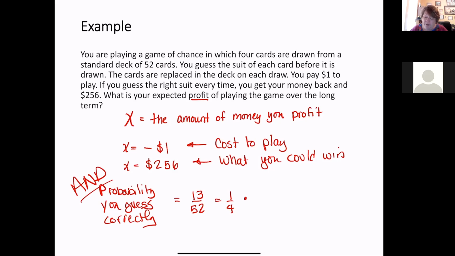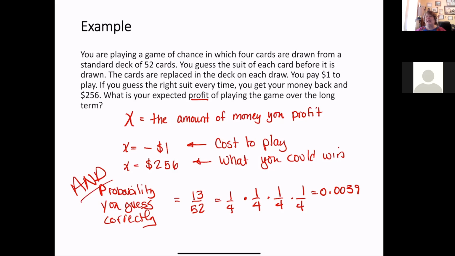So the first card is correct, the second card is correct, the third card is correct, and the fourth card is correct. So the probability of you guessing it correct is 0.0039. So the probability of you winning this game is less than 1%.